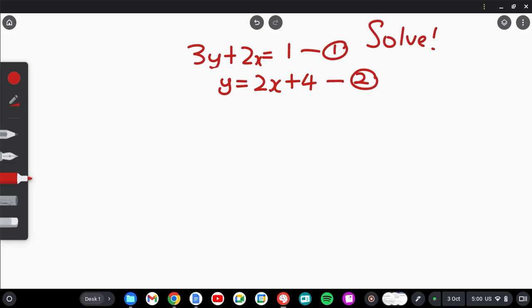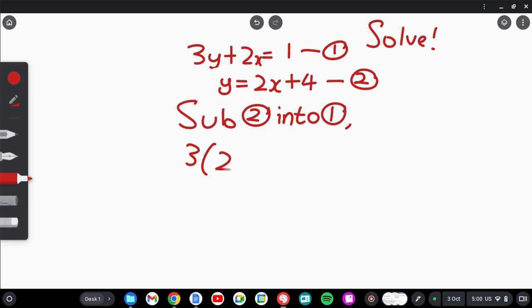Okay, substitution means sub 2 into 1. So what does this mean? When you sub your value, right, you better be careful. Okay, because a lot of people are tempted to put y for everything, and that's wrong. Okay, you need to do this. 3 bracket 2 4.